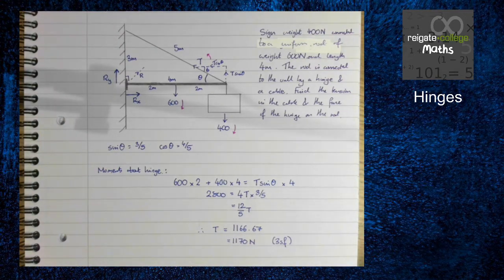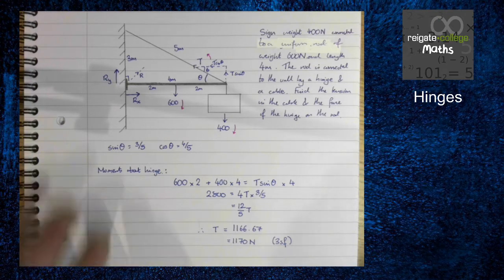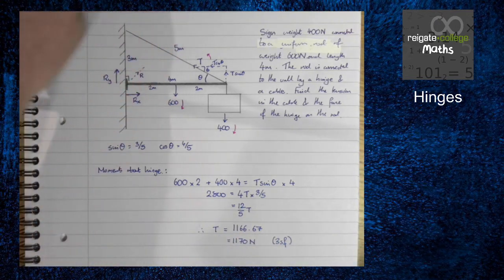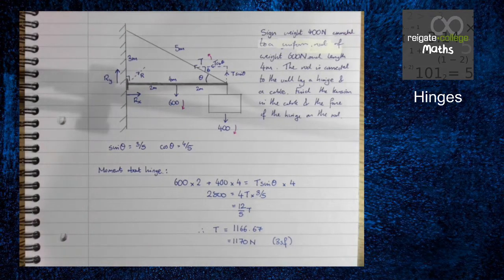So we've now found the tension in the string. When we come back to use our numbers later on for finding the force, we're not going to use this 1,170, we'll use the exact value that we worked out, to keep it as accurate as we can all the way through.